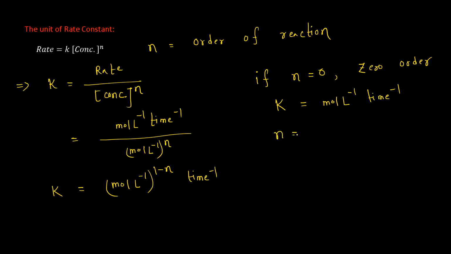If n equal to 1, that is a first order reaction. So the unit of rate constant K will be time inverse 1.